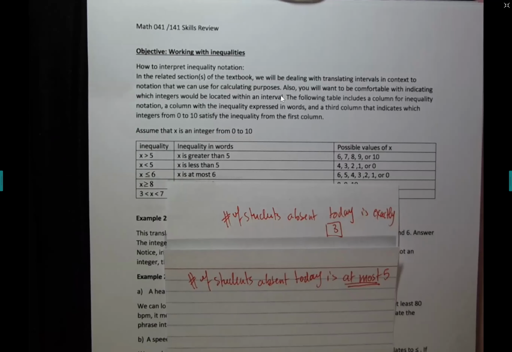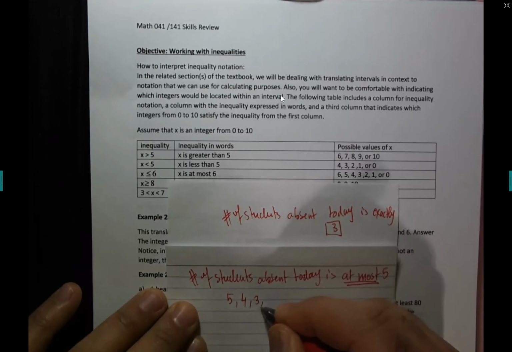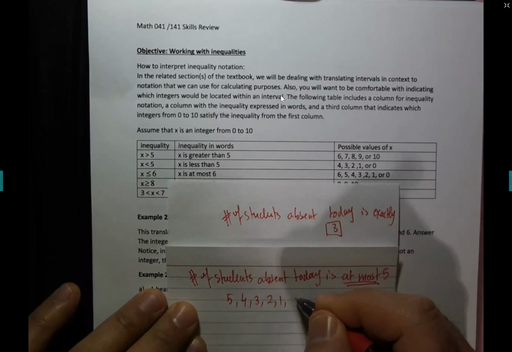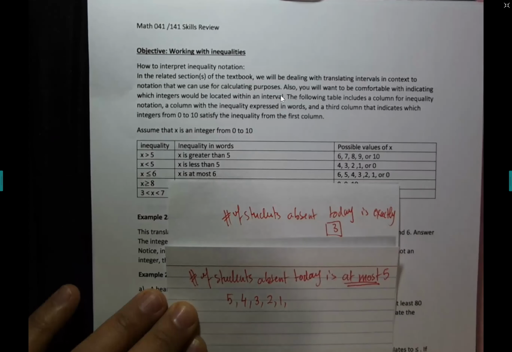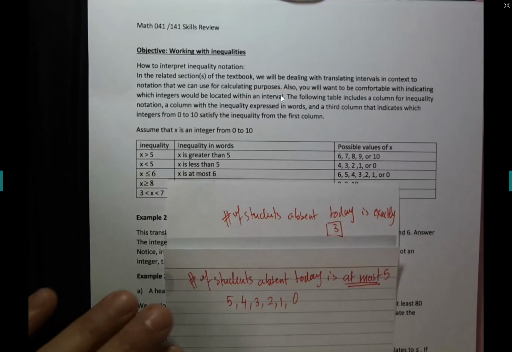If I say at most 5 students are going to be absent today, what are the possibilities? No more than 5. How would you list them? 1, 2, 3, 4, 5. Could be 5, or just 1, or 3. But there is one more: 0. So at most 5 means 5 or less. It could be 5, 4, 3, 2, 1, or 0.